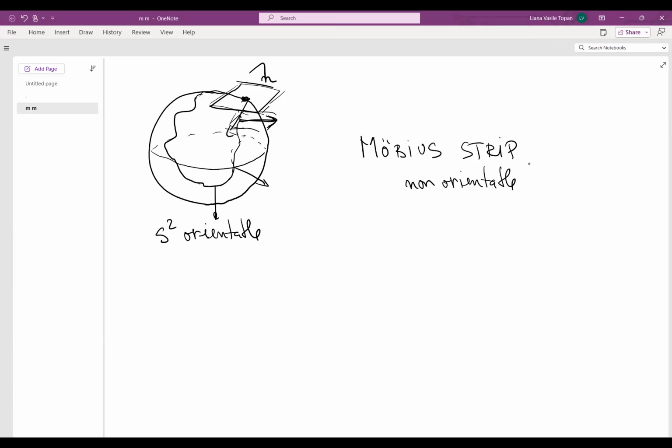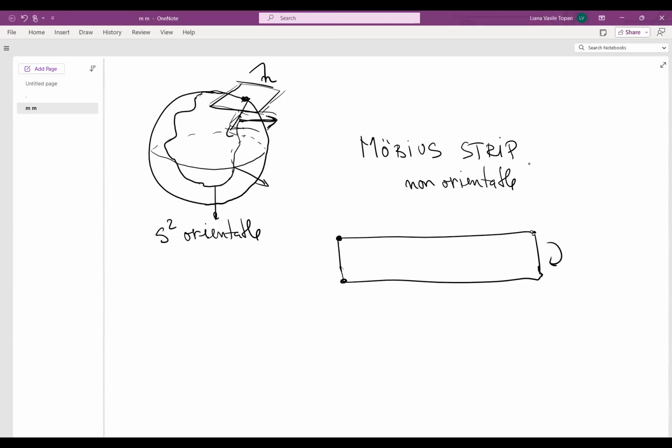A Möbius strip, imagine that you take, I'm trying to draw it, I'm not very good at drawing this. So you take a piece of paper, a strip of paper like that, and then you stick these two corners as they are, and these two you flip them, right?